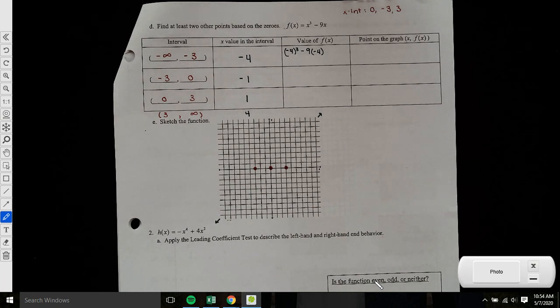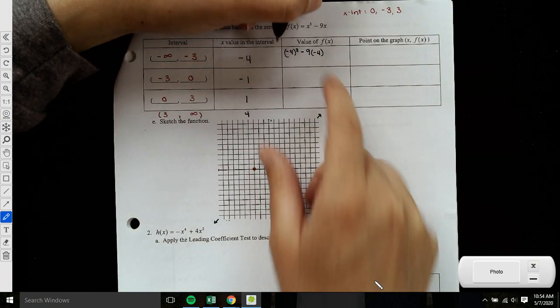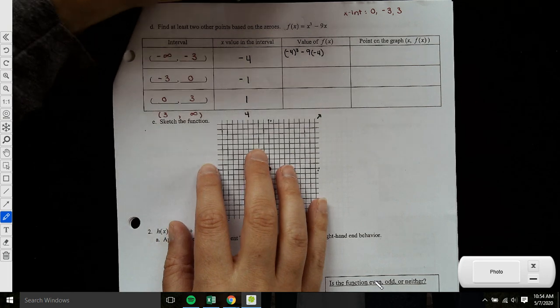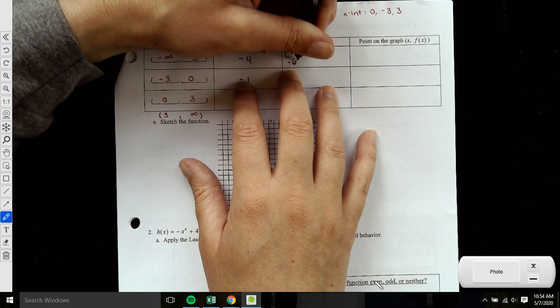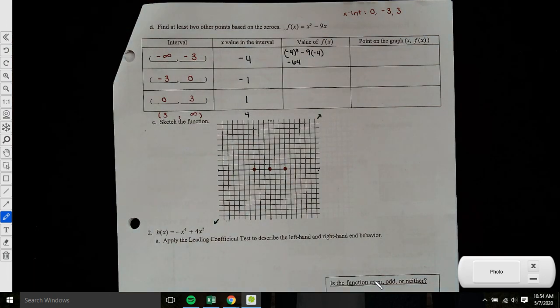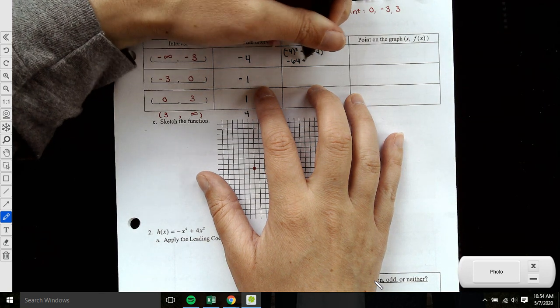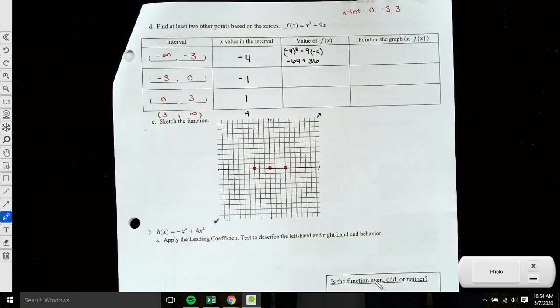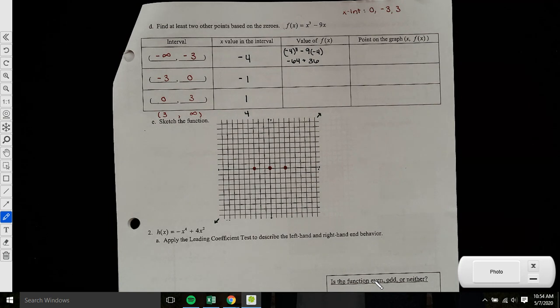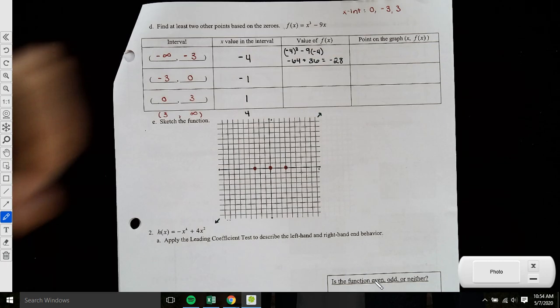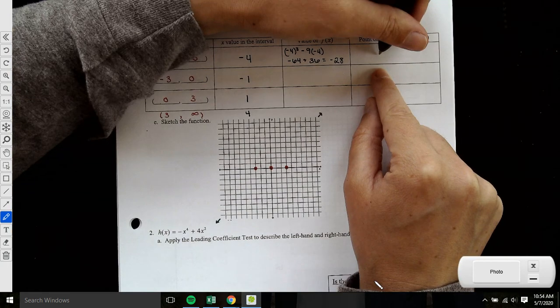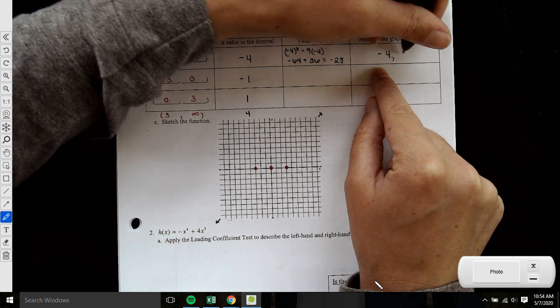Make sure when you're raising a negative to an exponent, you're using your parentheses if you're using a calculator. So I've got -64, and then -9 times -4 is going to make this plus 36. So I get the value of -28. So that point on the graph would be -4, -28.